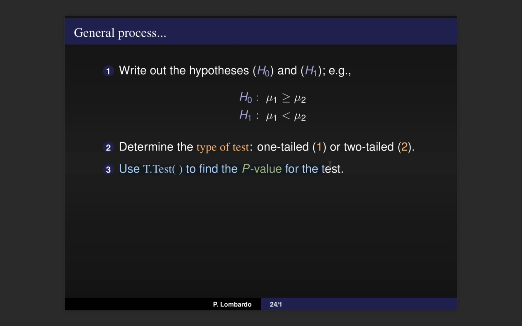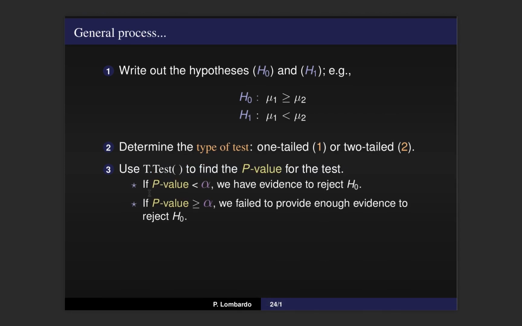Then we're going to use the t-test command, t.test, to find the p-value for the hypothesis test that we've been setting up. So we don't find a test statistic anymore. We don't specifically use t.dist to find our p-values. We use t.test instead. And then we make our conclusion.